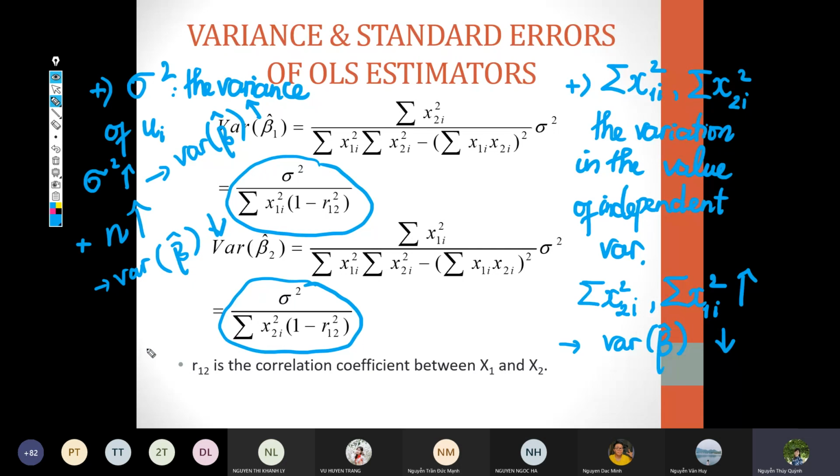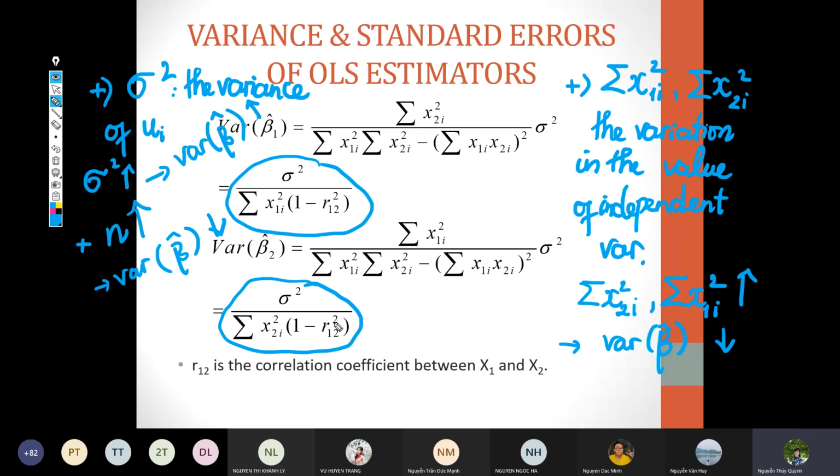Compared to the two-variable regression model, we have one more thing that affects the precision of the OLS estimators.